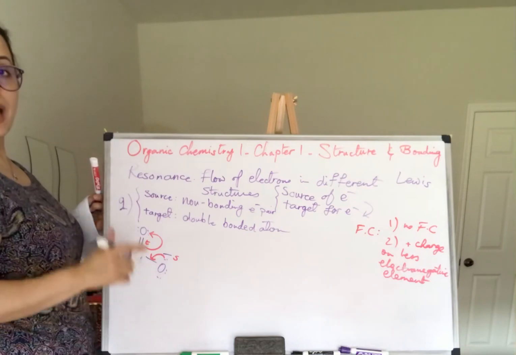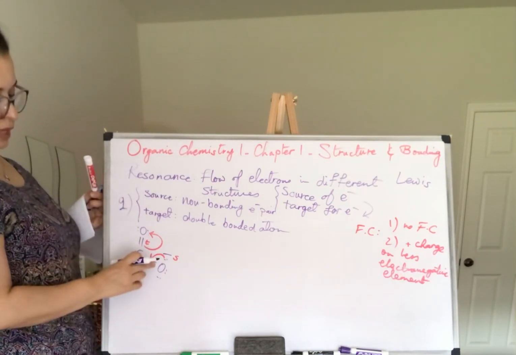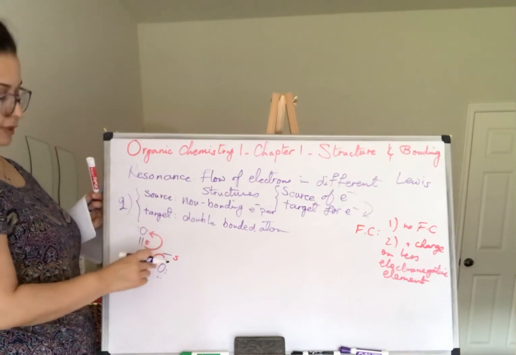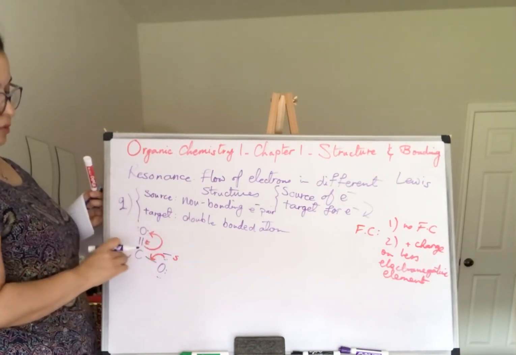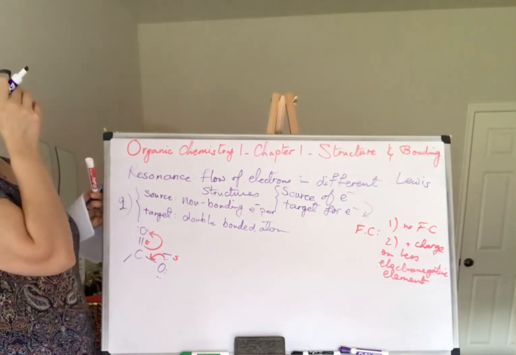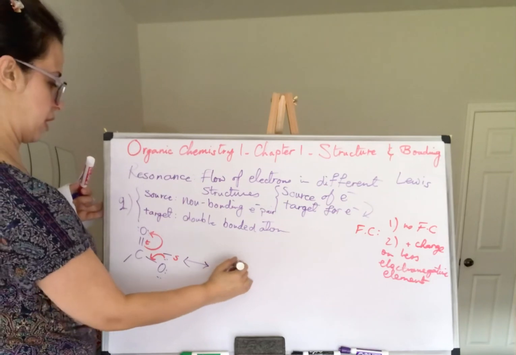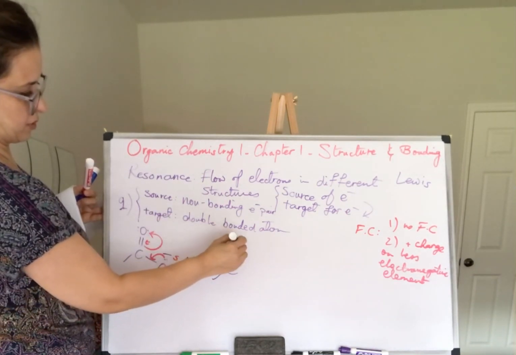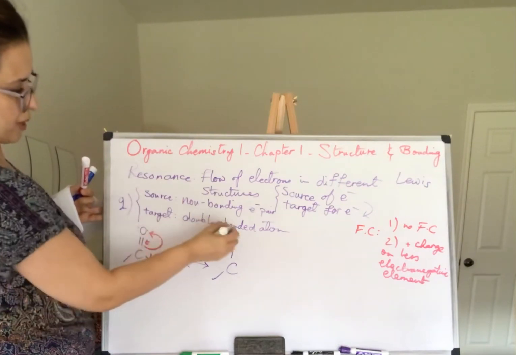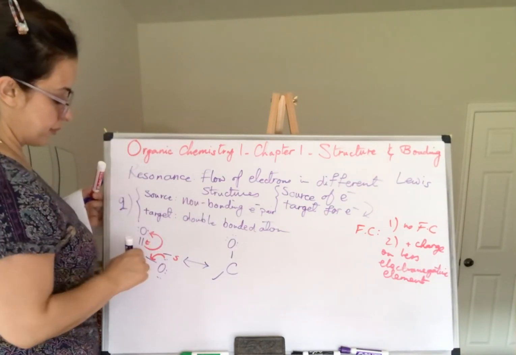Otherwise, you will have 5 bonds and 10 electrons instead of 8, because the double bond is about to form. So the other Lewis structure is going to be this bond opens, so it's 1, 2, 3, 4. This bond opens to an extra lone pair.